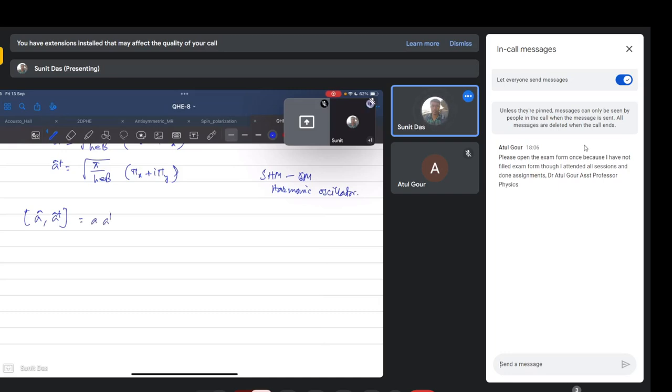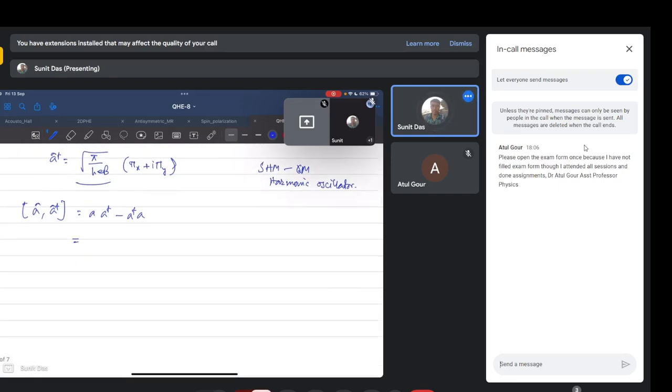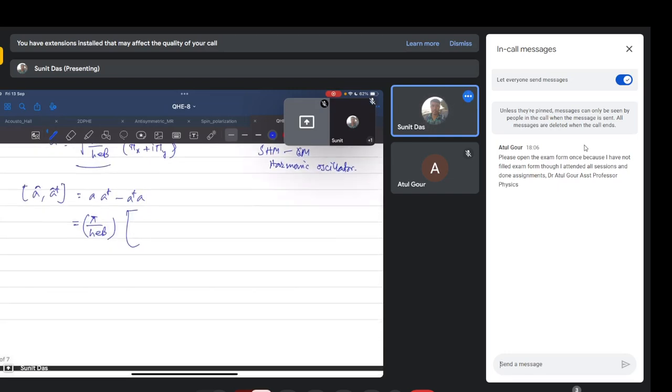So this can be written as A A dagger minus A dagger A, and we just use these expressions. So we'll have pi by heB as a constant, and then (pi x minus i pi y)(pi x plus i pi y) minus (pi x plus i pi y)(pi x minus i pi y).